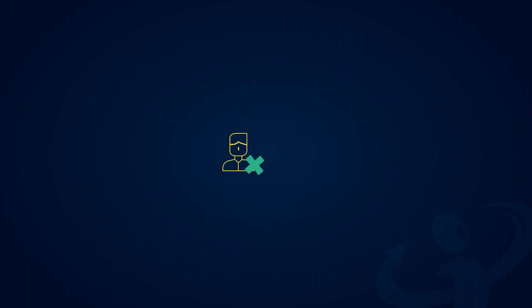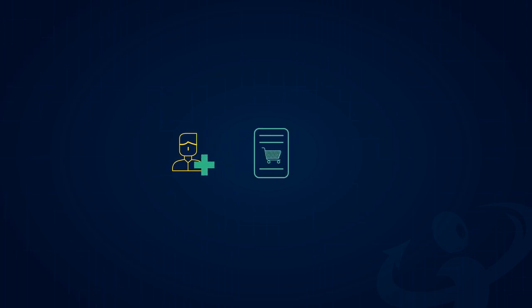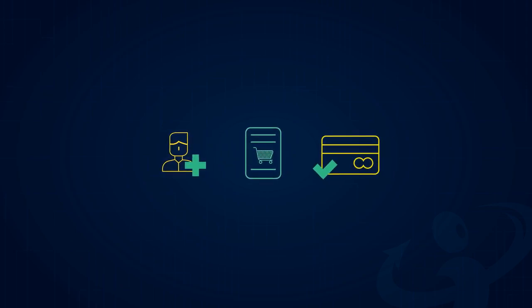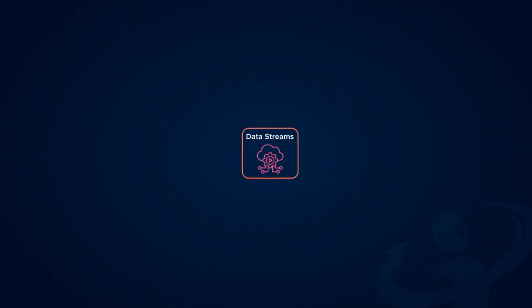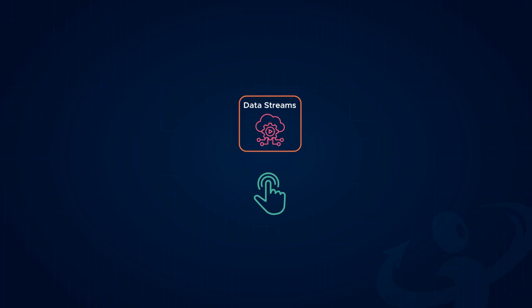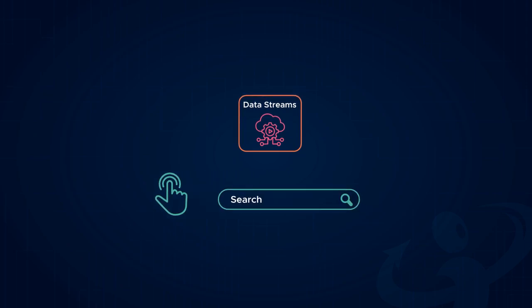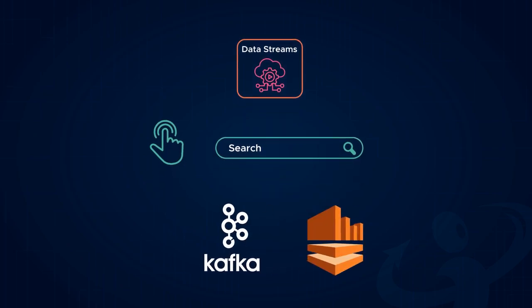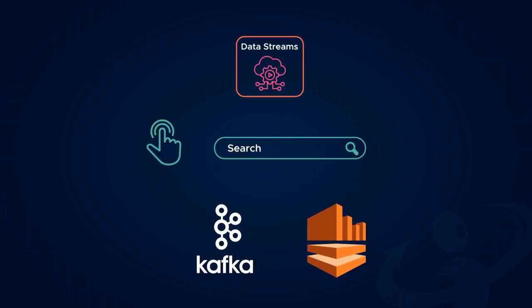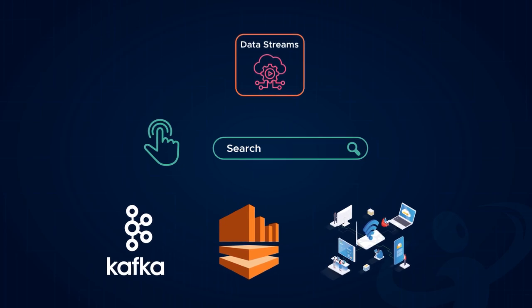For example, every user registration, purchase, and payment transaction is logged in these databases. Data streams capture real-time activity, such as tracking user clicks, searches, or IoT device data. Tools like Apache Kafka and Amazon Kinesis enable real-time event streaming, ensuring data flows seamlessly across systems.